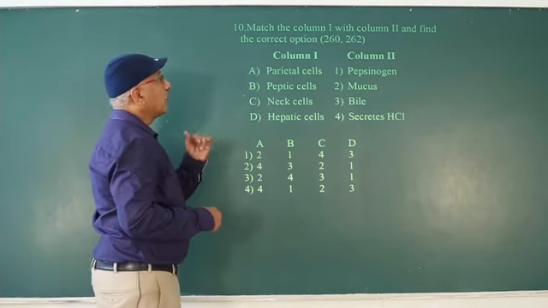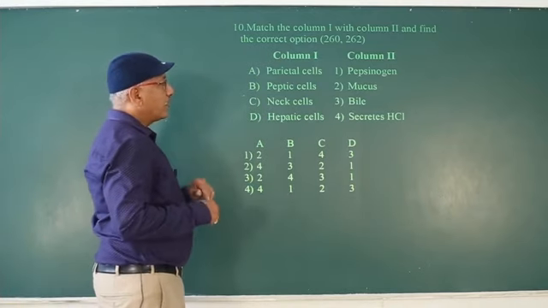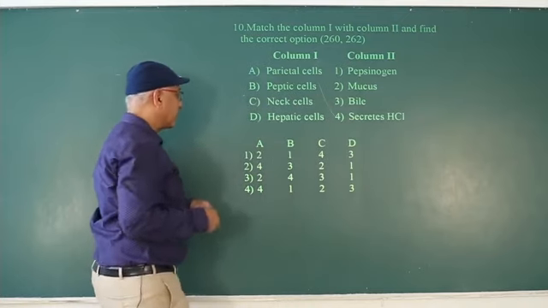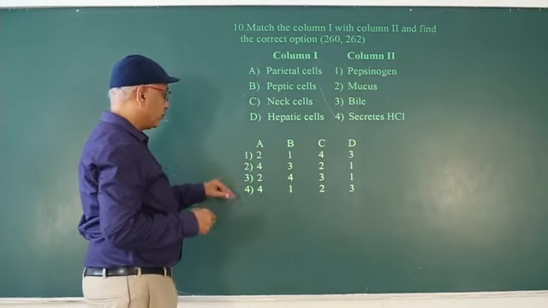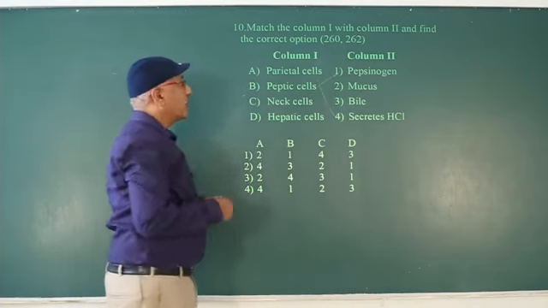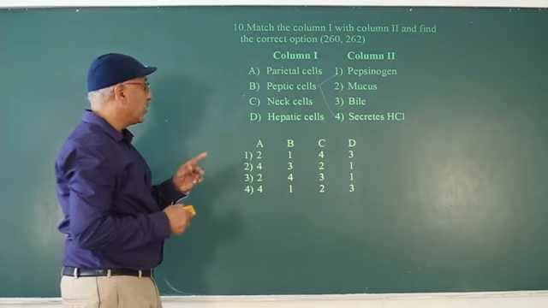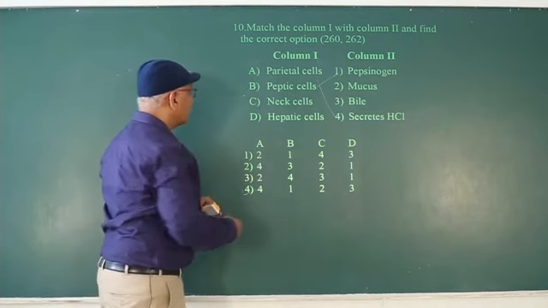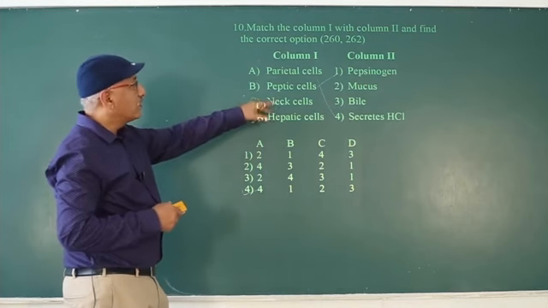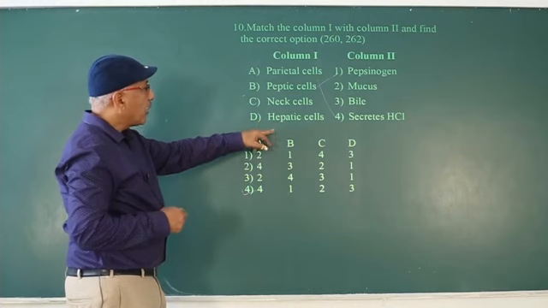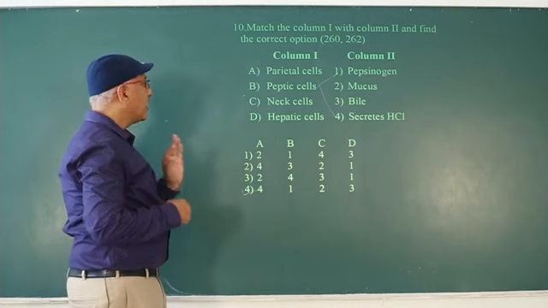Match column 1 with column 2. Parietal cells secrete HCl, A4. Peptic cells produce the proenzyme pepsinogen, so B1. Neck cells secrete mucus. Hepatic cells secrete bile.